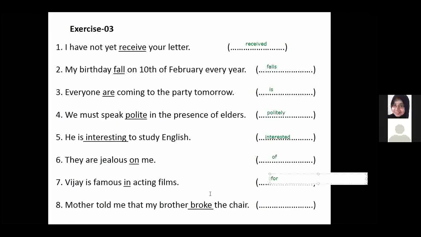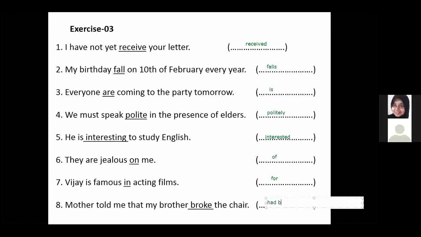Next one. Mother told me that my brother broke the chair. Now again, it goes with the tense. Both actions are taking place in the past, but one action has taken place before another one. Two actions have already taken place in the past, but between the two, one happened earlier. So the tense should be past perfect.